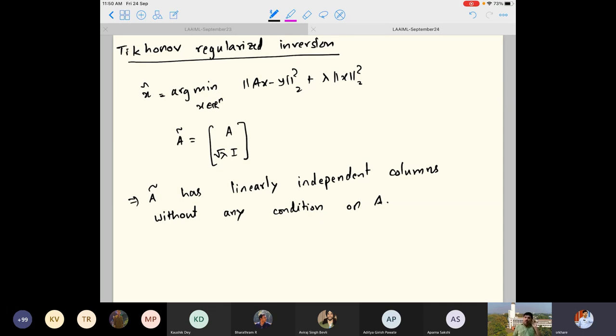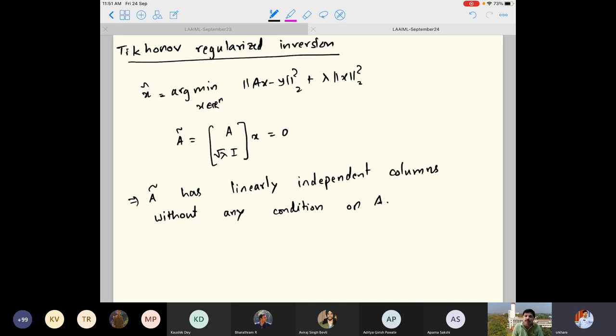Can you prove that? How will you prove that? Looking at this, because of the property of I. Yeah, because the identity matrix is sitting there. You multiply vector x on the right hand side, equated to 0. Then because of this identity, you will see immediately that x has to be 0.